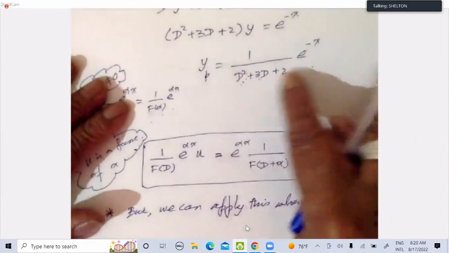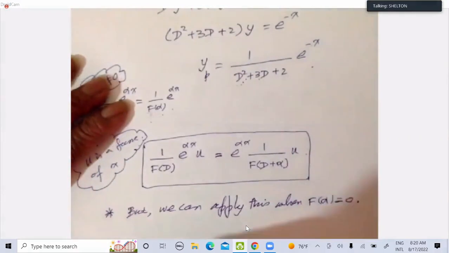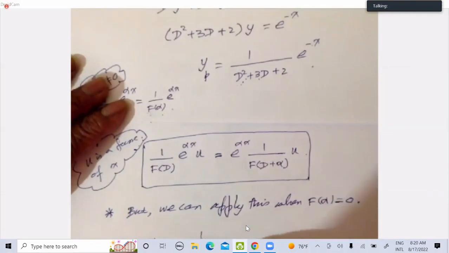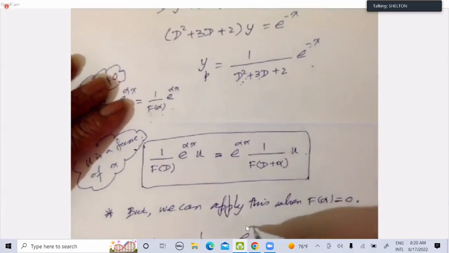yp is equal to 1 over f(D), that is, D squared plus 3D plus 2, of e to the minus x. This is what I want to find.